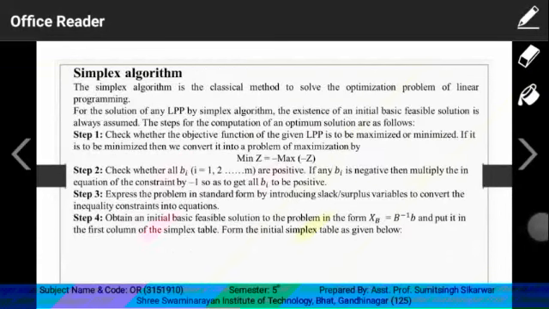Now let us move on to the simplex algorithm. This simplex algorithm is a classical method to solve the optimization problem of a linear programming problem. For the solution of any linear programming problem by simplex algorithm, the existence of an initial basic feasible solution is always assumed.